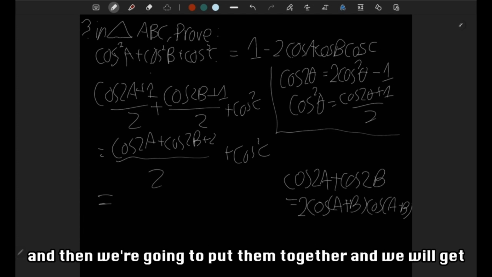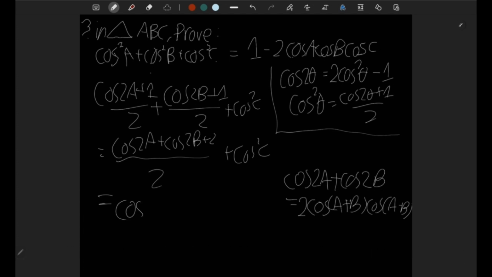And then we're going to put them together and we will get cos (A plus B) times cos (A minus B) plus 1 plus cos squared C.